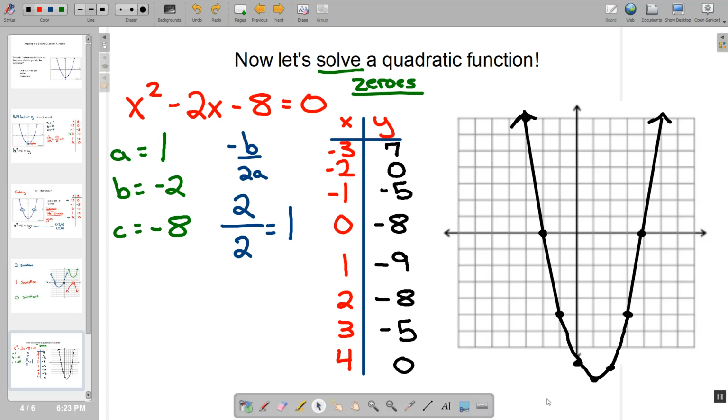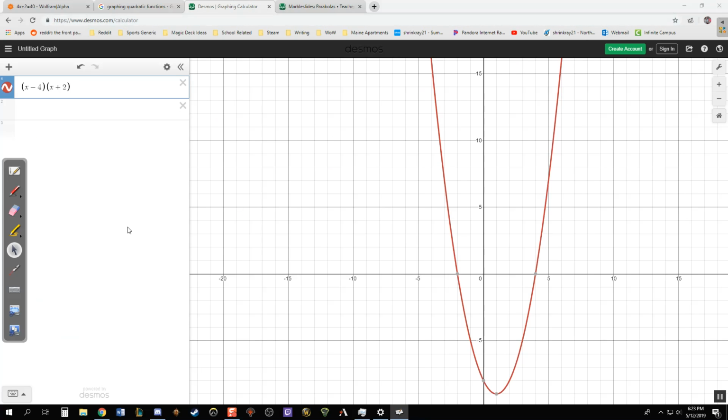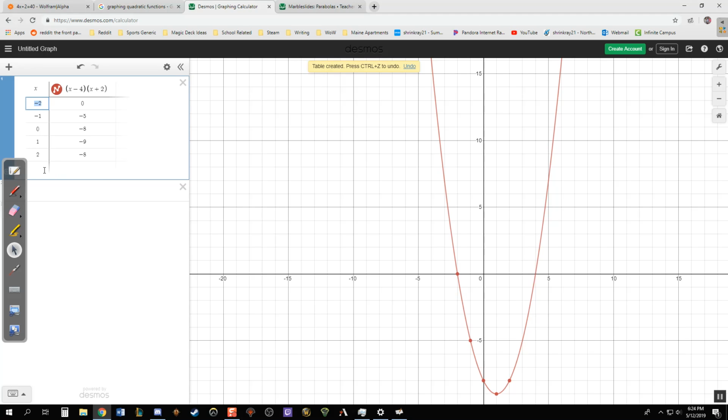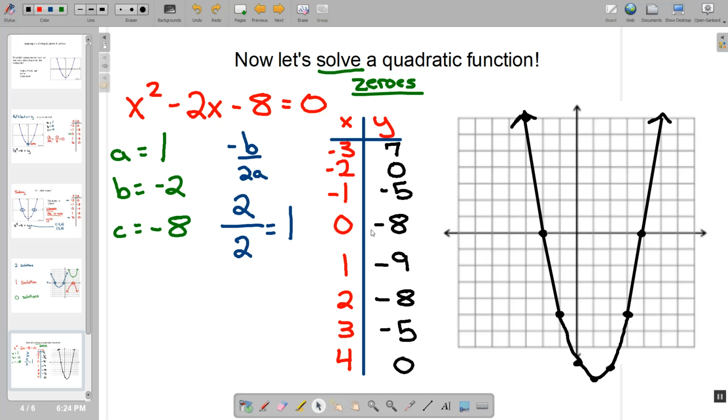So one of the things you can do is use a tool like Desmos to graph your quadratics a little bit easier, and then use this to help you create tables of values to make sure you're getting your points correctly. But you have to be able to do these by hand for any assessment. So make sure you're not just using Desmos to copy them down directly.